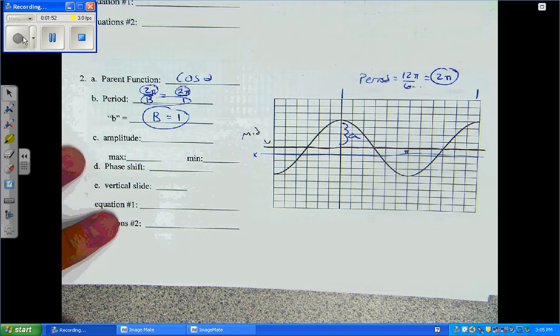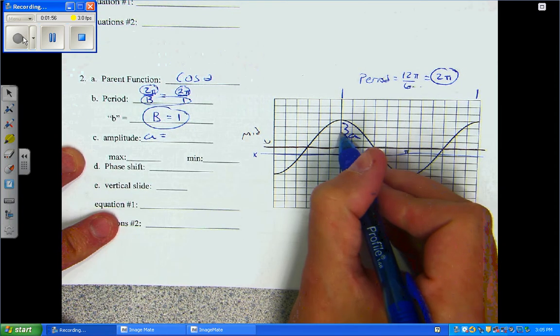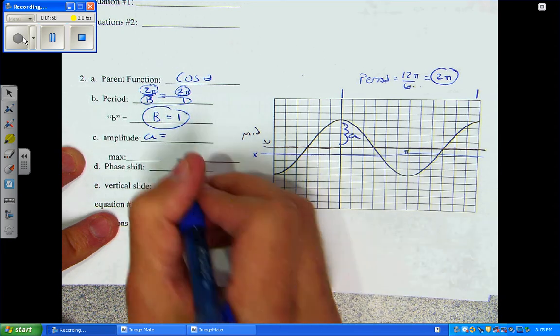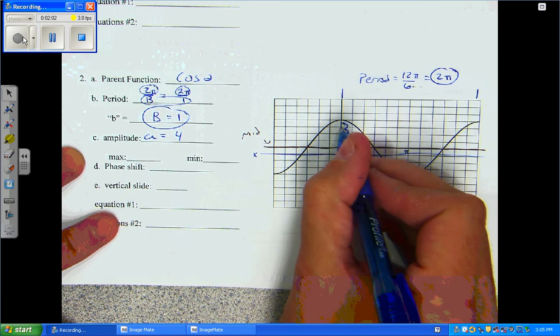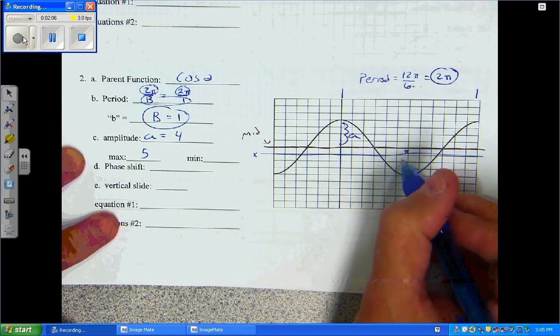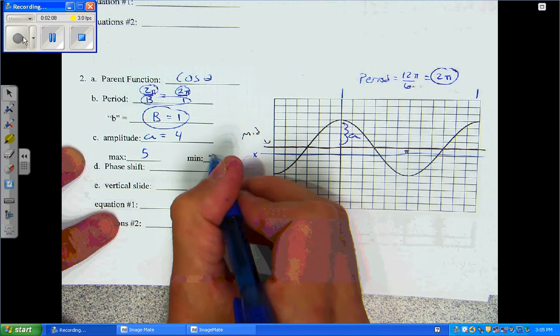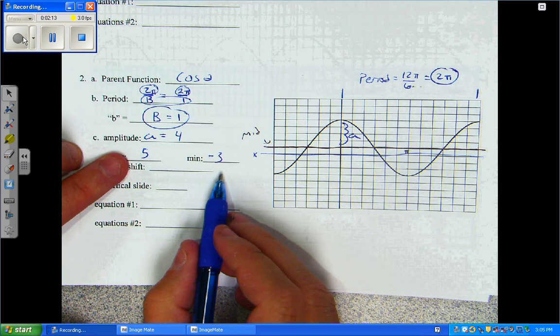We call that A. And I can count that. A equals 1, 2, 3, 4. It's just that distance. So our maximum will be at 1, 2, 3, 4, 5. Y is 5. And our minimum at 1, 2, 3. Y is negative 3.